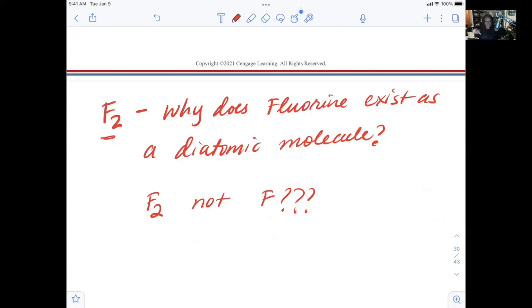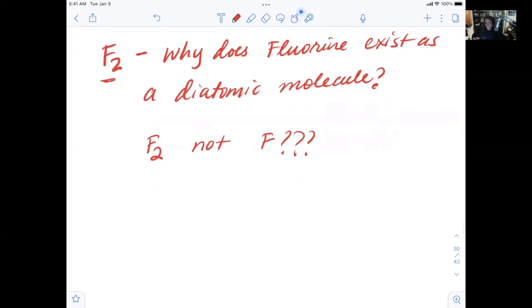As long as you have two uncombined fluorine atoms in nature, they will bond to each other and exist as F2 until they're ready to combine with other elements. Then they have no need for each other. They break up and go combine with other elements. So they're always diatomic when they're single, and when they're about to couple with other elements, they break apart. So it's a relationship of convenience.